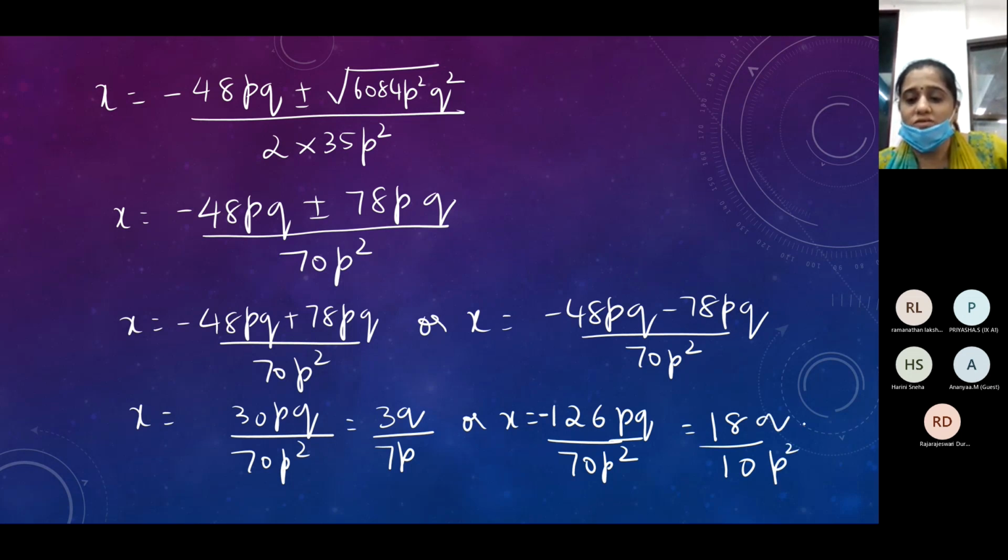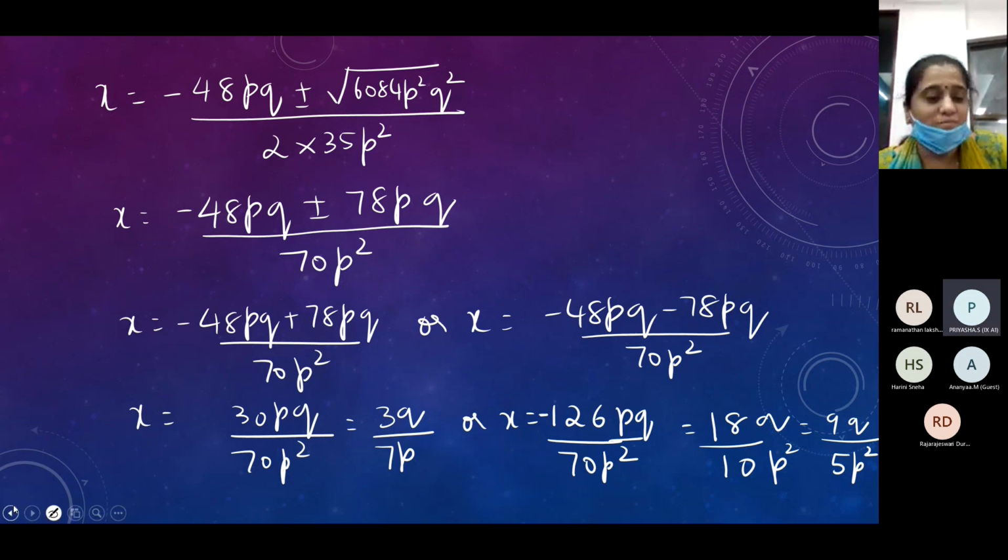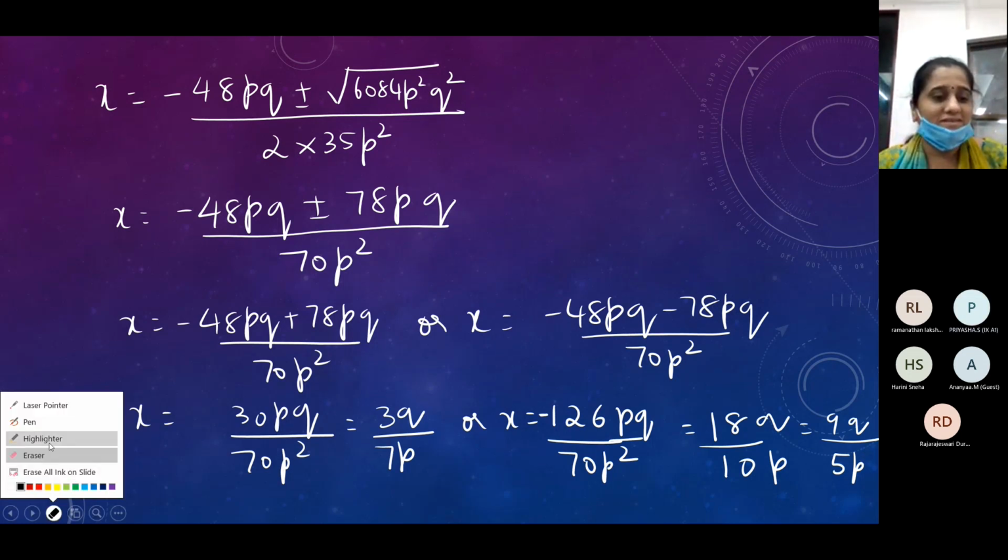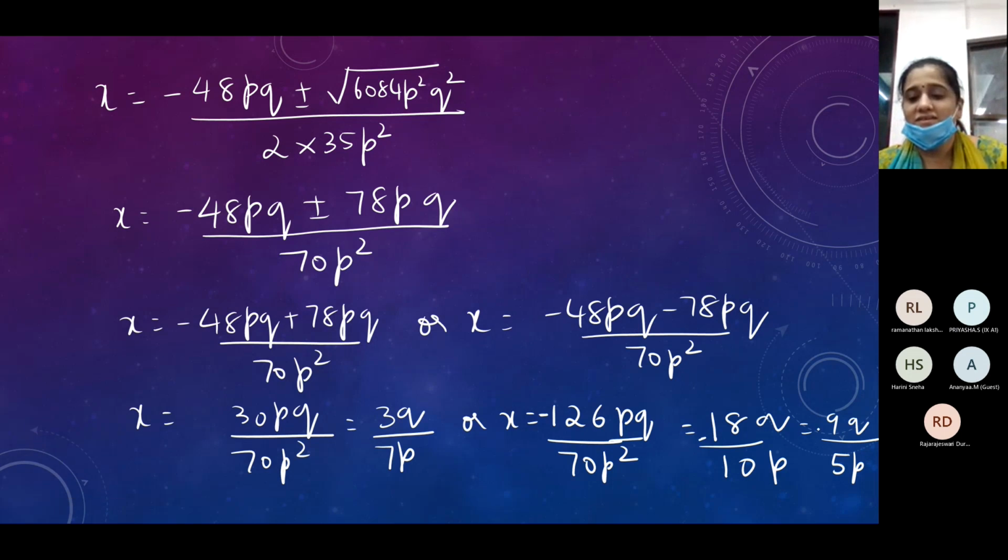So 9 by 5. Minus 9Q by 5P, is this correct? Oh, it's right. Minus 9Q by 5P. Yes, ma'am. So where did you go wrong?